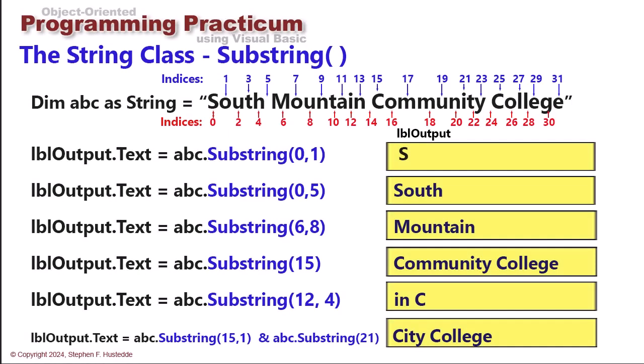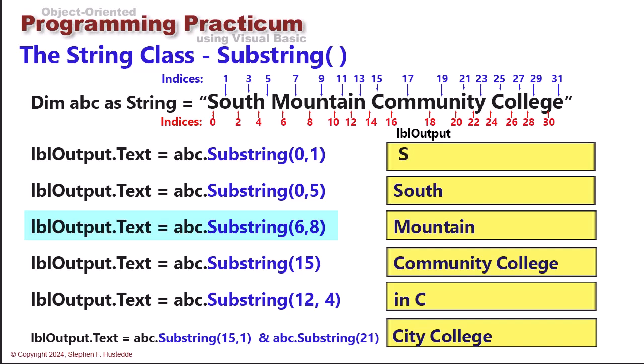Let's go back to our South Mountain Community College string has ABC, and let's look at some more examples. So if I say abc.substring 0, 1, it's going to take one character starting at index 0. That's going to be the uppercase S. However, if I take 5 characters, so substring 0, 5, I'm going to get the word south.